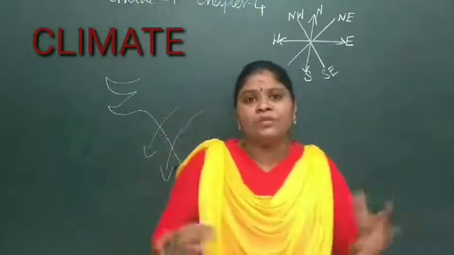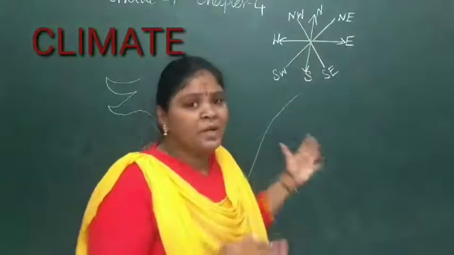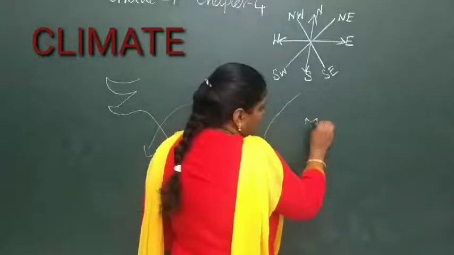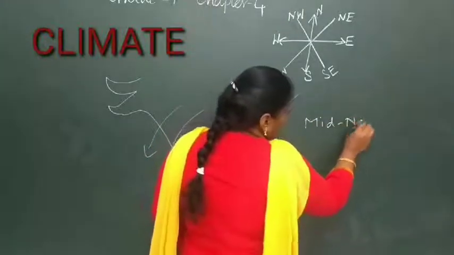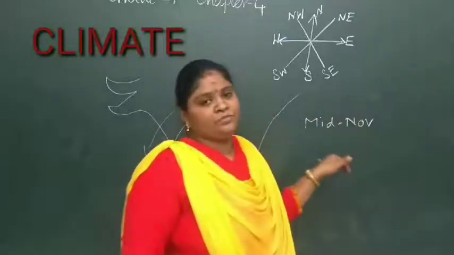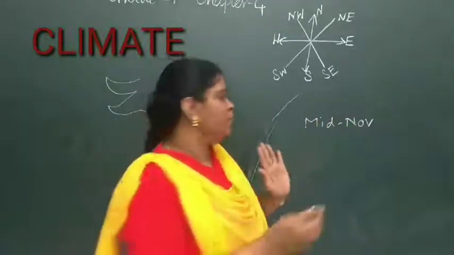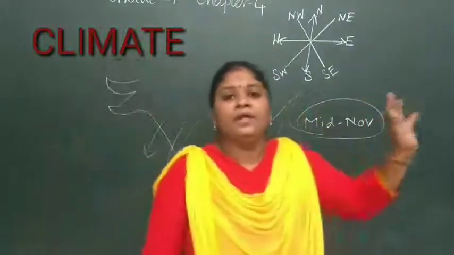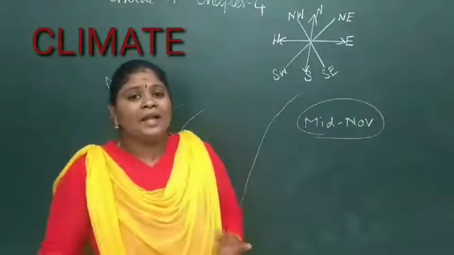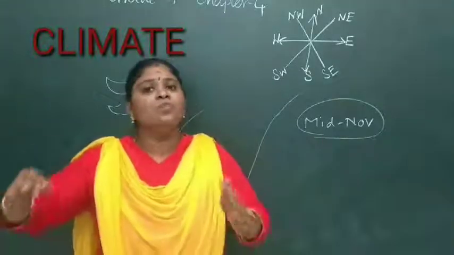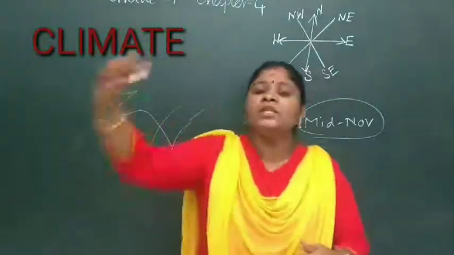Cold weather usually starts in the middle of November. With mid-November, you can find the cold temperature prevailing throughout the nation. Then December and January will be much cooler, and the temperature will decrease still more, particularly in the northern regions.